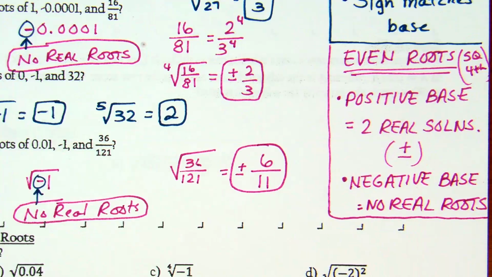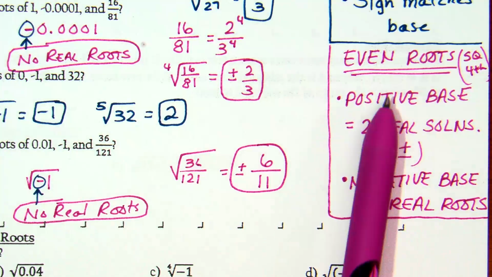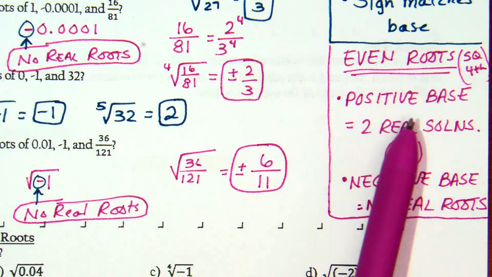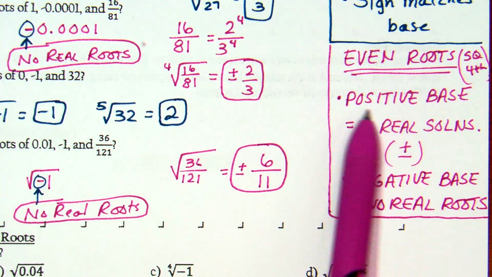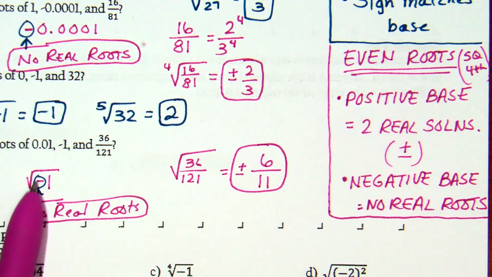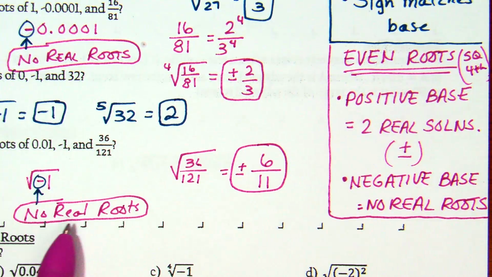If it was the square root or the fourth root of a positive number, if that base is positive, what had to happen? When we took the square root or fourth root of a positive number, we got how many answers? We always had 2 real solutions, the positive and the negative. So when there's a positive base, 2 real solutions, plus or minus. What if there's a negative base? Could we do a square root or fourth root of a negative number? We could not, and so there were no real roots.